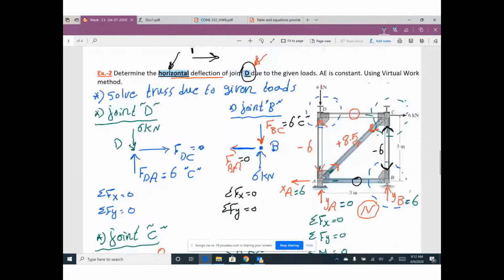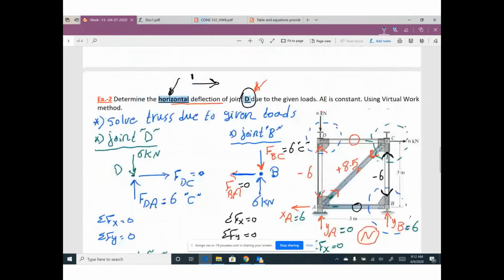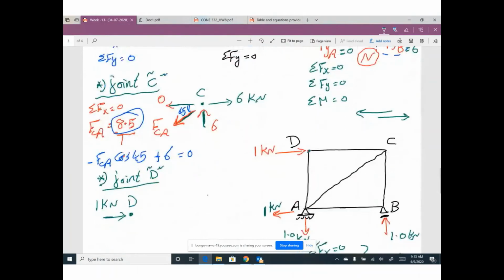I repeat it one more time. I'm talking about you can assume what you want. I mean to right or to left. But this unit load must be horizontal and at joint D. Why horizontal? Because we are looking for horizontal deflection. Why at point or joint D? Because we are looking for horizontal deflection at D. To be clear at this point.